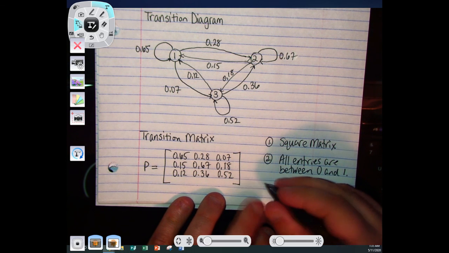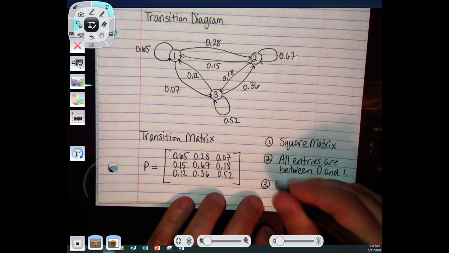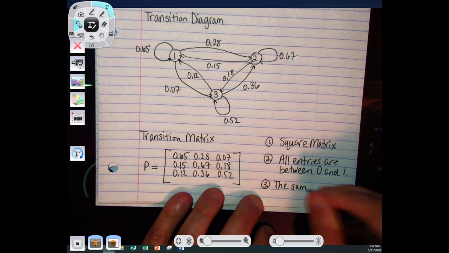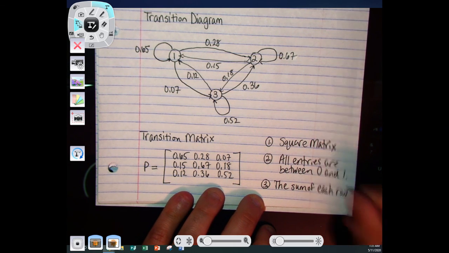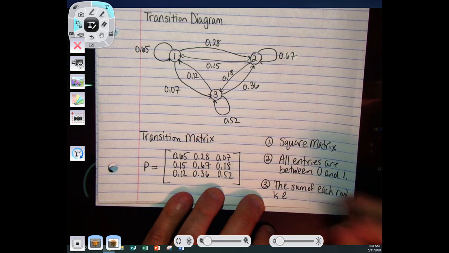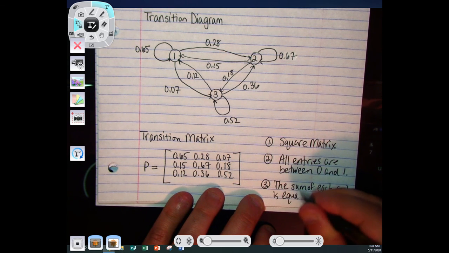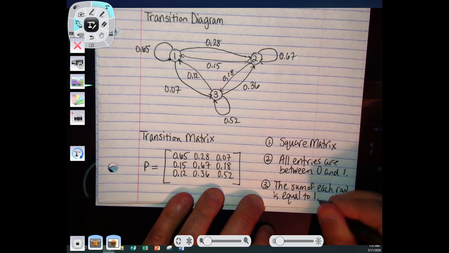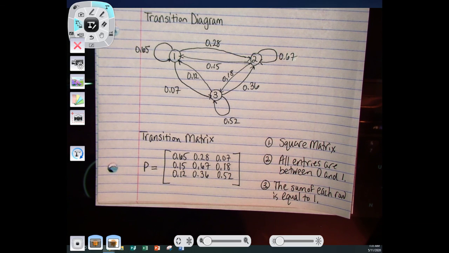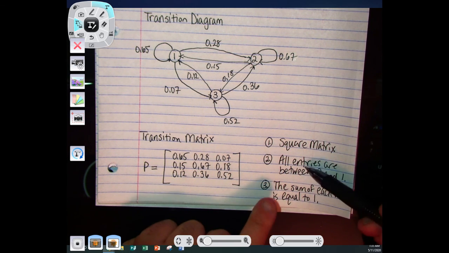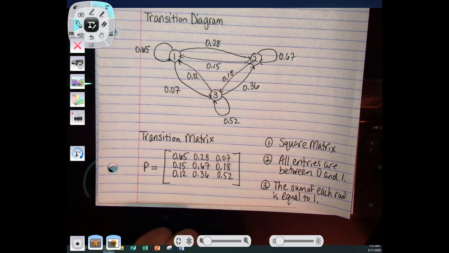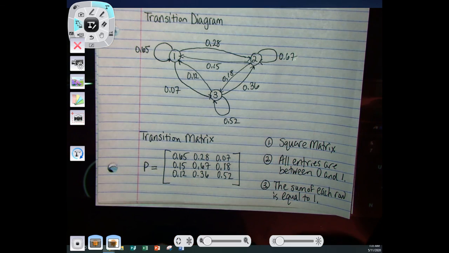And then last but not least, the sum of each row is equal to 1. So just to recap, for a transition matrix, 3 things do pop up. It's a square matrix. All the entries are between 0 and 1. And the sum of each row is equal to 1.